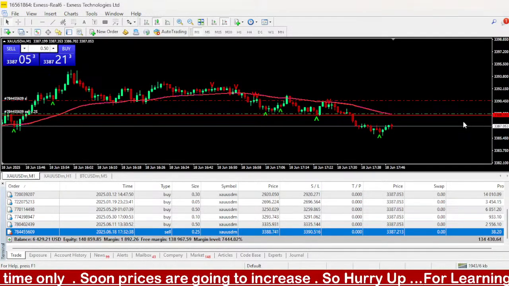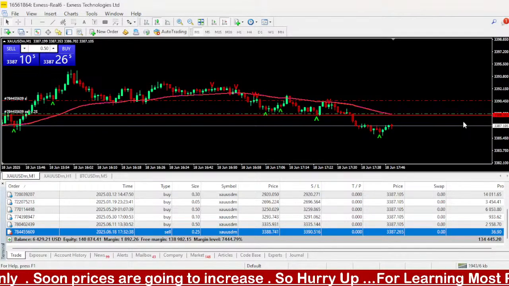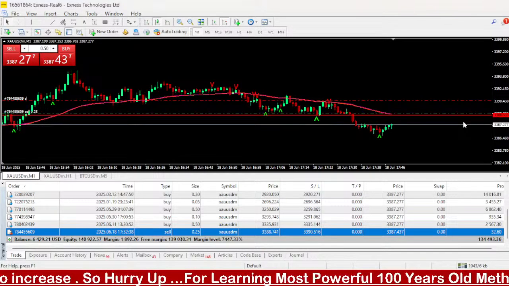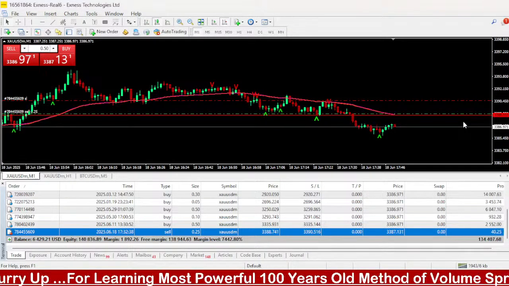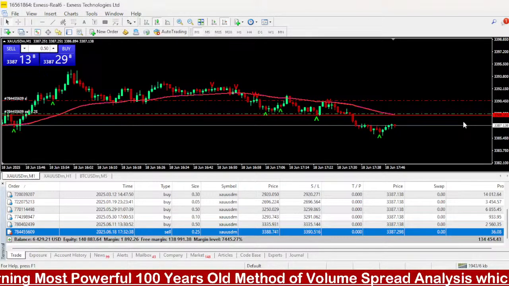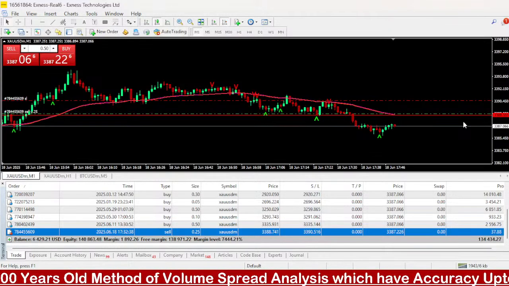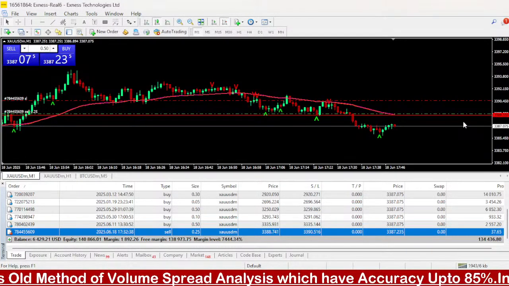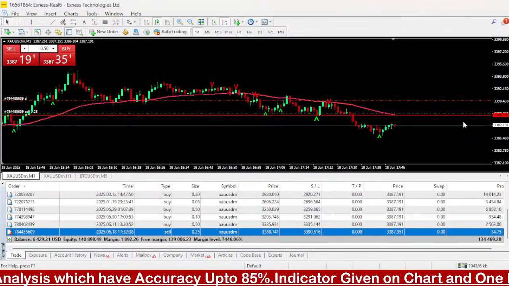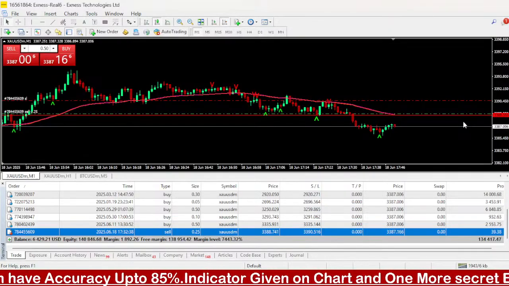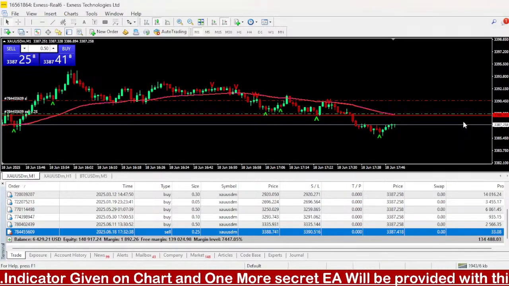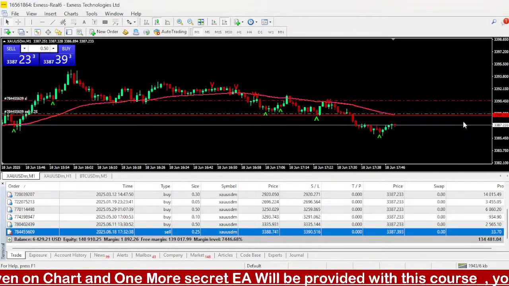Let's see what type of news will come. If there is positive news for the dollar, then maybe we can expect the market to go further down. But if it is negative, then we are not going down, we will go up again. Because previously CPI was negative, and then another news, I think PPI or something like that, was also negative.